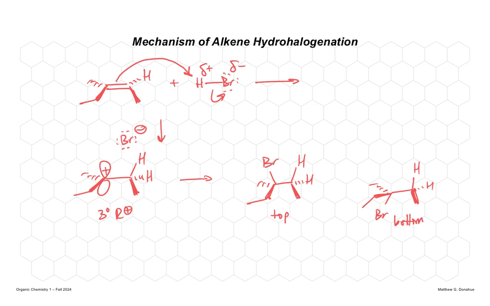So that would be trapping from the top or the bottom. So again, Markovnikov's rule is going to dominate the mechanism and help you predict who's getting what.